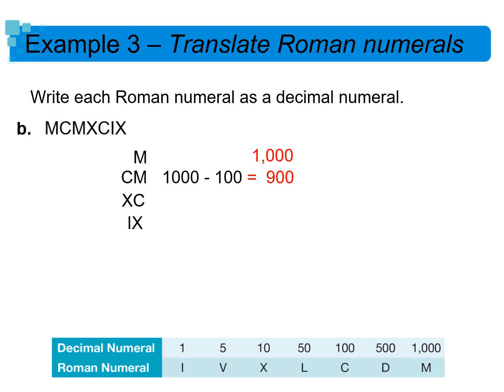And then XC, we're going to have 100 minus 10, which is 90. And then we're going to have IX, which is 10 minus 1, which is 9. Then you add all of those up, and that's 1,999. That would be your final answer on that.